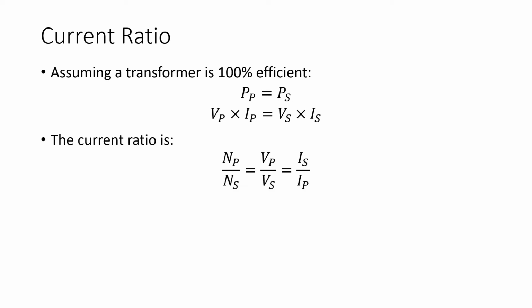And let's put all the V's on one side of the equal sign and all the I's on the other side of the equal sign, and we get that NP over NS again equals VP over VS, which equals IS over IP. So note there's an inverse relationship between the primary and secondary voltages and the primary and secondary currents.